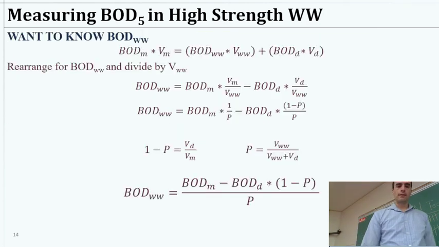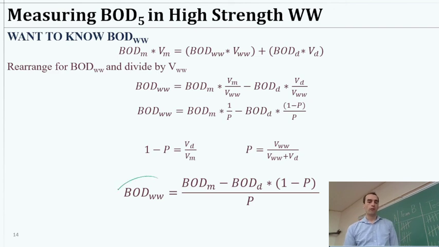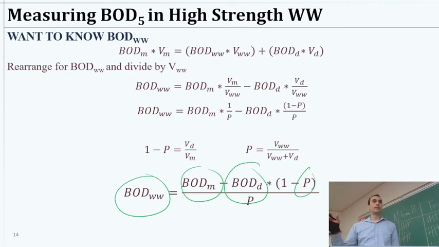That comes into the next slide, and we'll use that fact to derive, essentially we're simplifying, for BOD of the wastewater. We're going to solve for that in terms of these other components. If we can solve for it in terms of BOD in the mixture, BOD in the dilution, and P, it becomes very convenient. So that's the only thing this slide is doing, is deriving those pieces so that we can have an equation to straightforwardly solve for BOD in the wastewater or in whatever sample we're looking at.